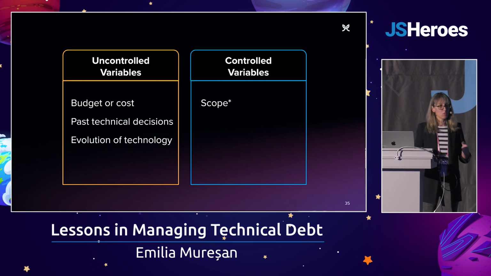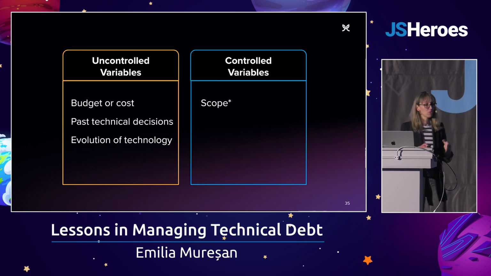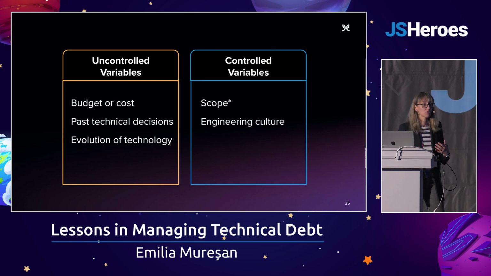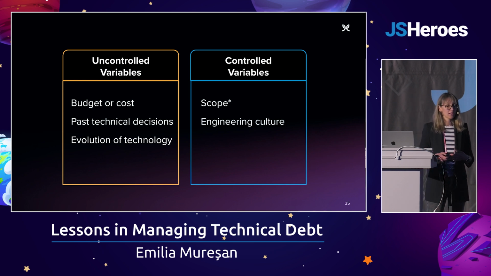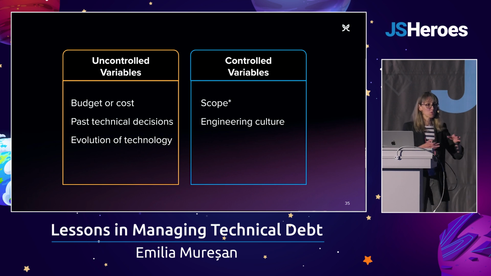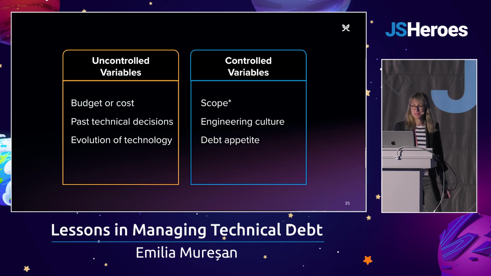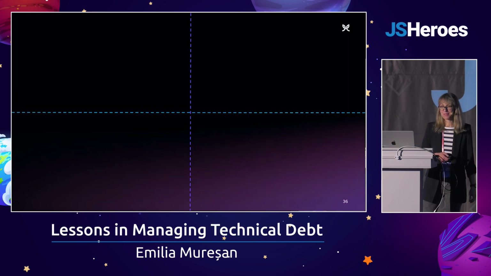By delivering a more limited set of features, we can focus on better design quality. We can also focus on our engineering culture to be less like the broken windows code base and more like the Girl Scouts and Boy Scouts code base. And we can also focus on debt appetite.